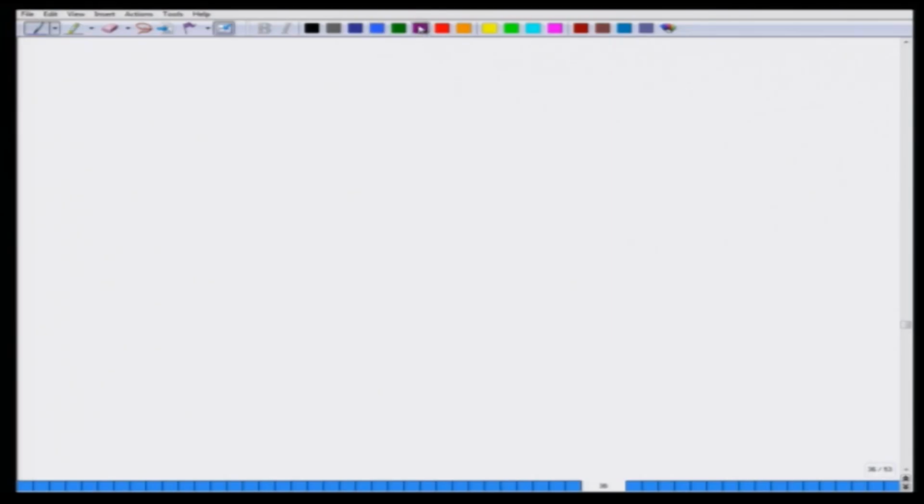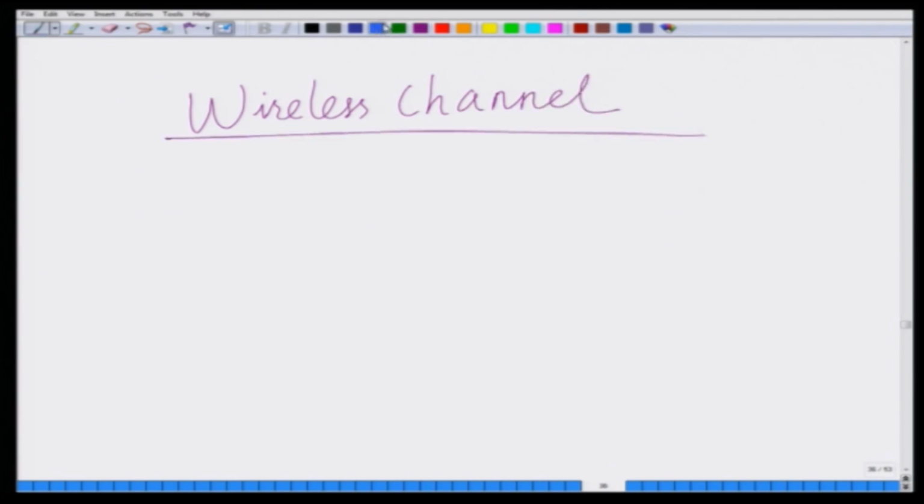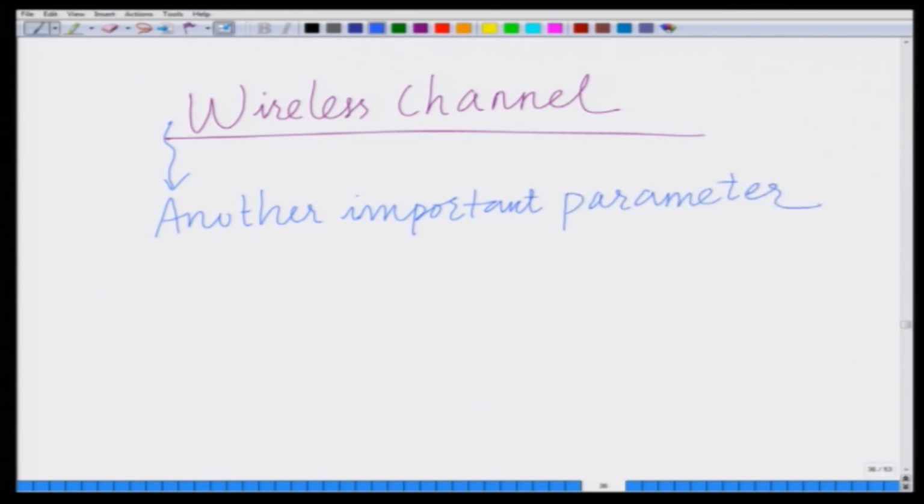So what we are going to see in this module is, for a wireless channel, another important parameter of the wireless channel, which is termed as the coherence bandwidth of the wireless channel.